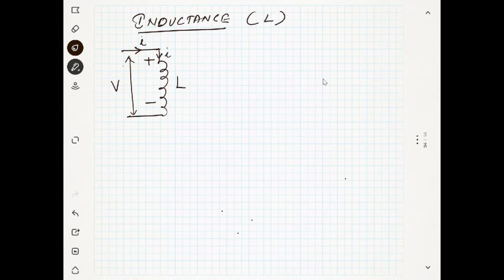Now when a time varying current is flowing through the coil, a time varying magnetic field will be produced. I told you, when current flows through a coil or any wire, there will be a magnetic field.